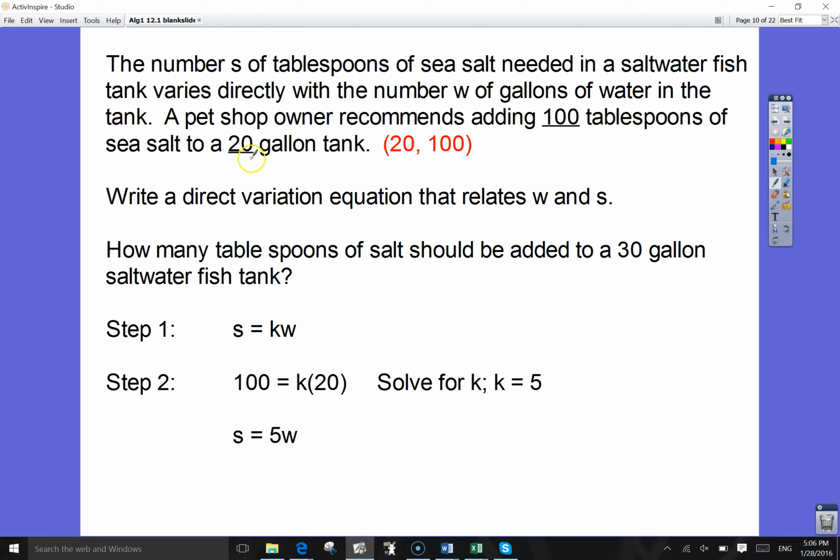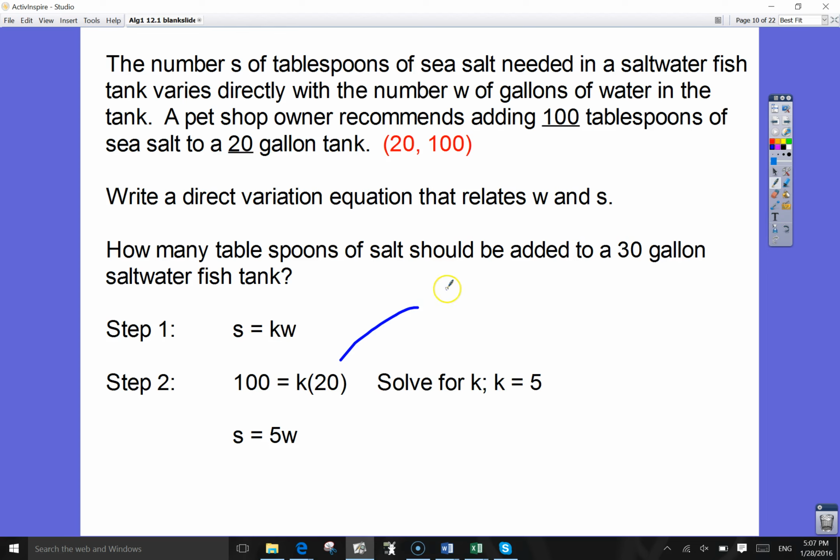And the 20, which represents the W of gallons, the W was like in place of the X. That's why I'm putting the 20 here. So we know that this is a point (20, 100), and we can substitute for both of those, 100 and 20. And now the only thing we don't know is k. So you can solve for the k.